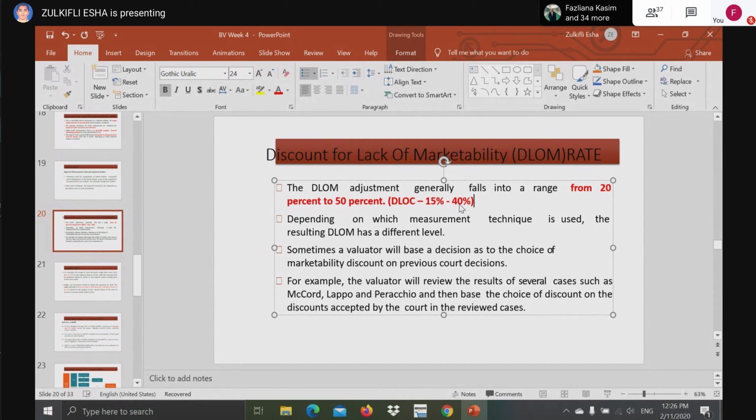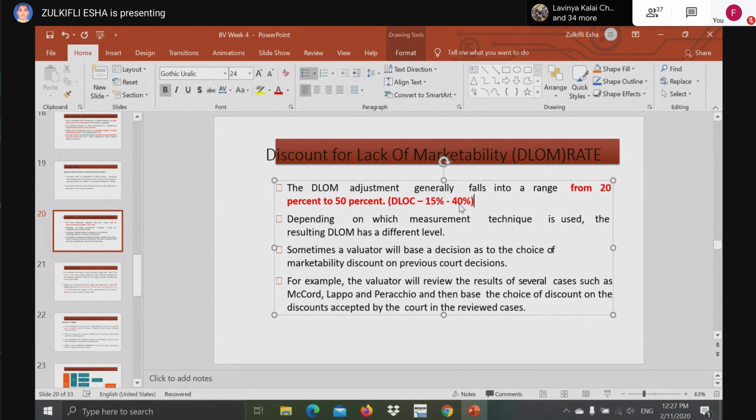So depending on which measurement technique is used, the resulting discount for lack of marketability has a different level. Sometimes a valuator, so for a business valuation, we don't call the person who is doing the valuation as a valuer. We call it a valuator.